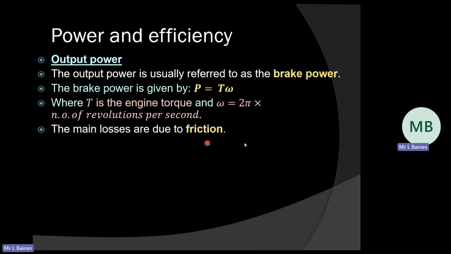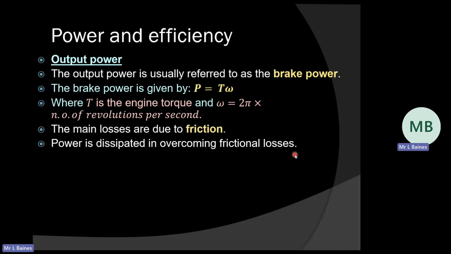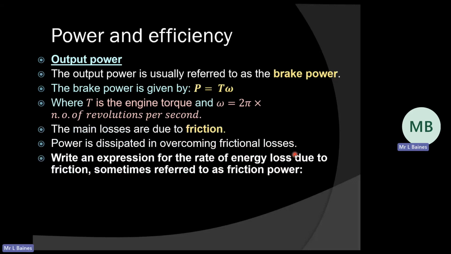There's going to be friction inside that engine. There's going to be friction between the fuel and air mix and the cylinders. There's going to be friction between the bearings and getting everything done. So we do lose some power overcoming that friction. Now, if I want to work out how much friction I've got, I can work out my friction power.